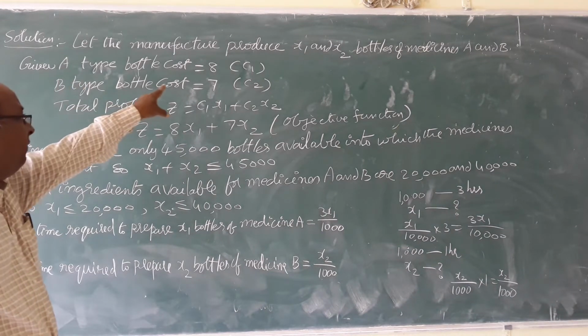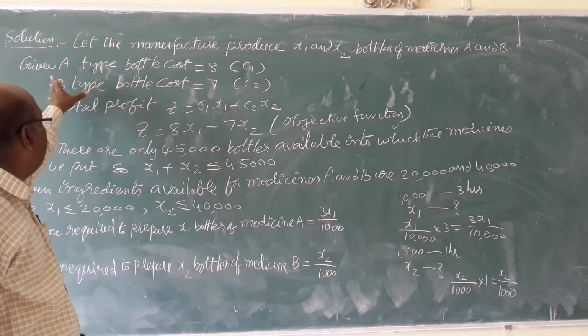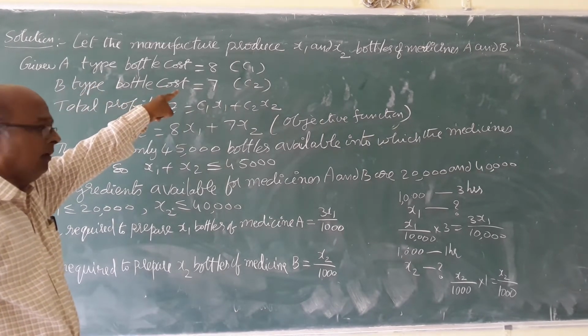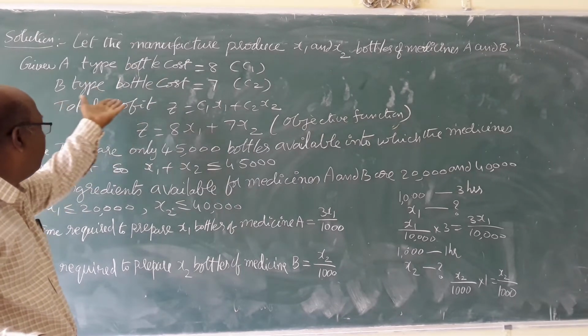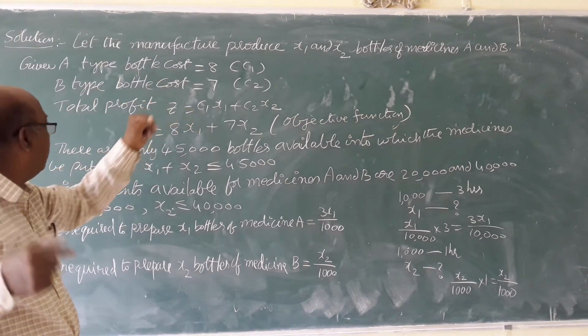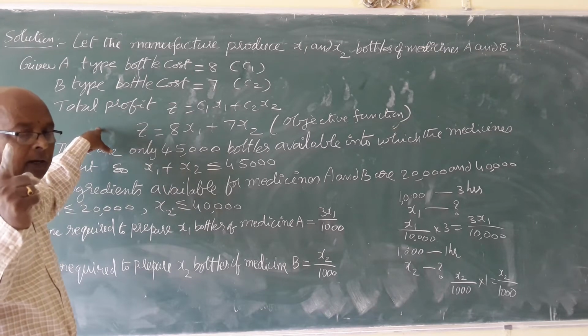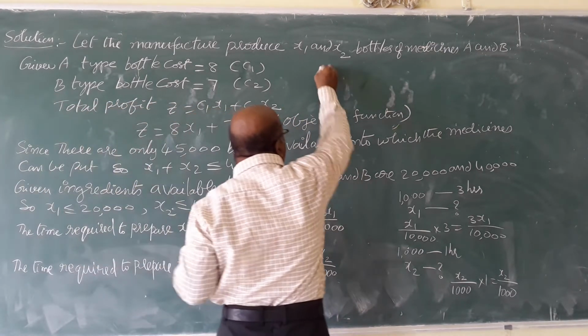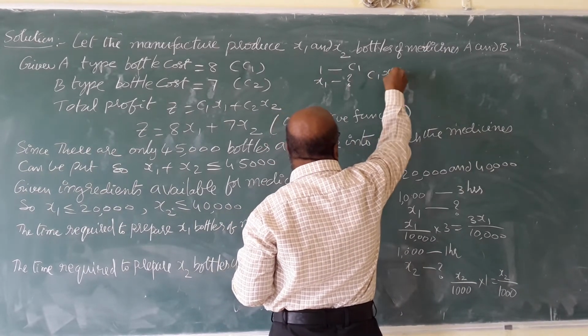Solution. Let the manufacturer produce x1 and x2 bottles of medicine A and B. Given A type bottle, each bottle costs 8 rupees, that is C1. B type each bottle costs 7, that is C2. Total profit: one bottle C1, so x1 bottles give C1 x1.